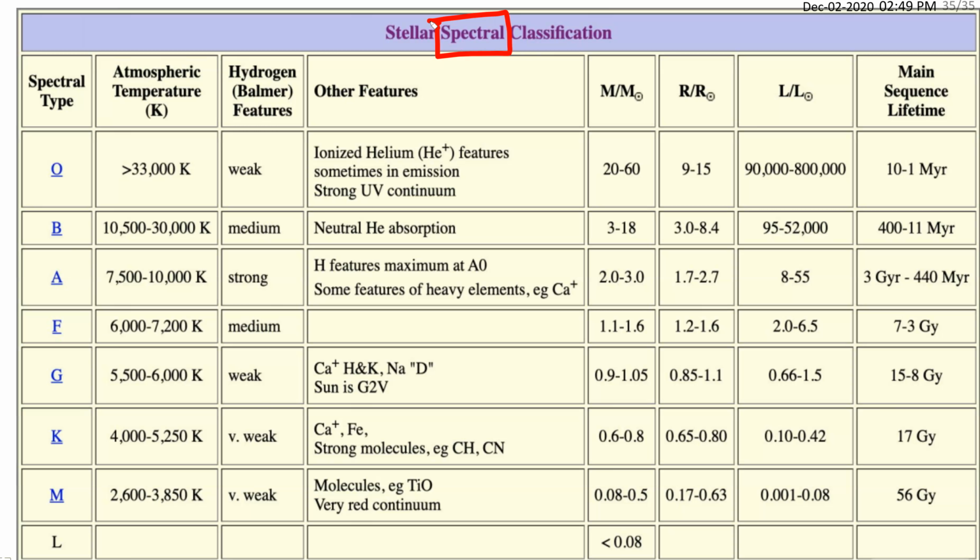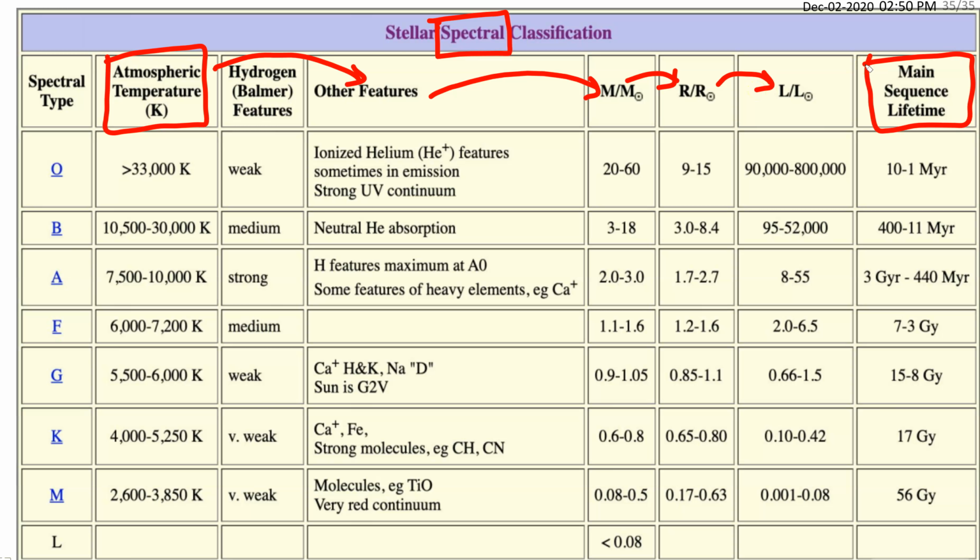We use it to figure out the temperature, most importantly. And from that, we can figure out other features of the star, like the mass, the radius, the luminosity. And then this thing right here we're going to talk about later called the main sequence lifetime. Okay? But most importantly, I want to draw your attention to this idea.